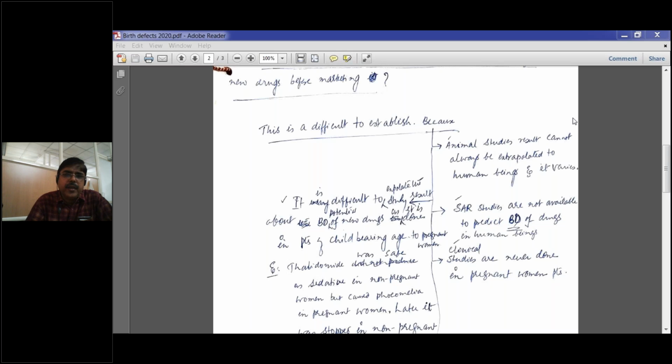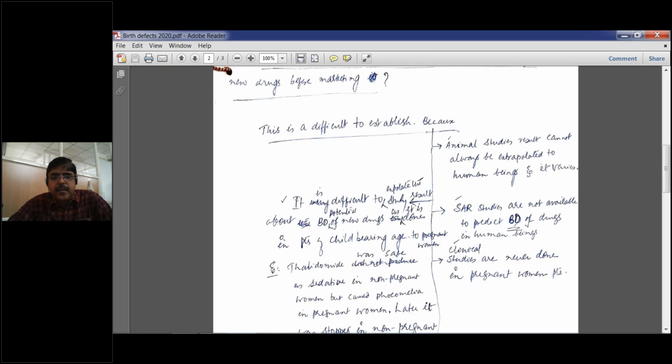So we know that certain drugs are likely to produce an effect in the growing fetus. First of all, we know that the drugs have to pass through the placenta, correct? To pass through the placenta, the drug needs to be highly lipid soluble.